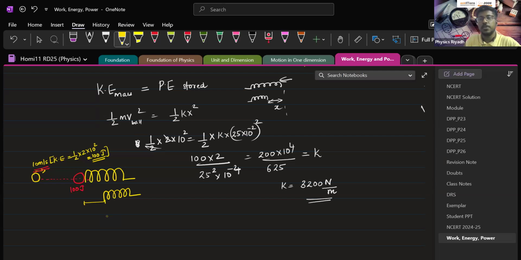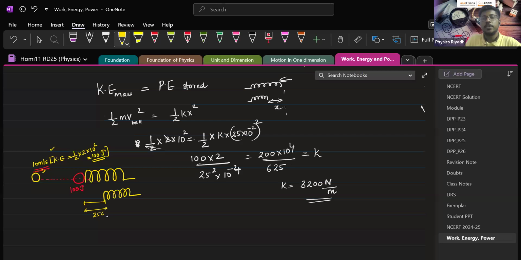Because if you have to do some work, you need to give out some energy. You have to use the energy that you had in food. So the ball had energy in it, the 10 meter per second velocity, corresponding kinetic energy. That energy is used up in doing the work on the spring in compressing it. So the spring is getting compressed by this much displacement, which is 25 centimeter.